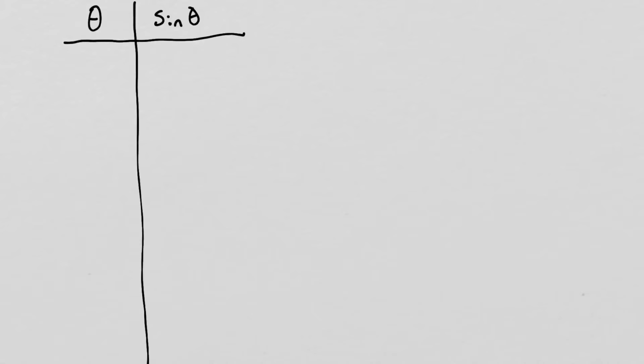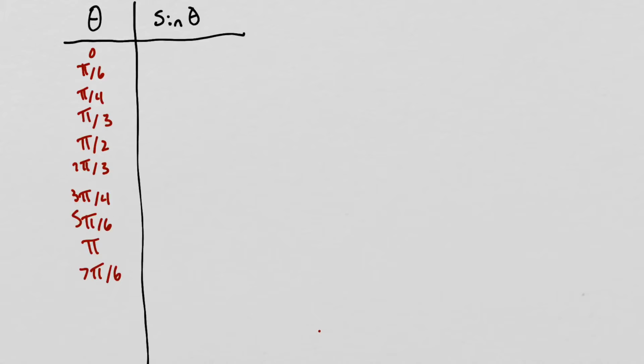We want to evaluate our function at 0, pi divided by 6, pi divided by 4, pi divided by 3, pi divided by 2, 2 pi divided by 3, 3 pi divided by 4, 5 pi divided by 6, pi, 7 pi divided by 6, 5/4 pi, 4 divided by 3 pi.